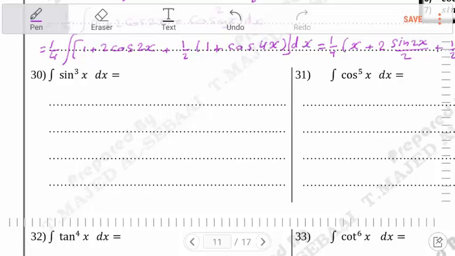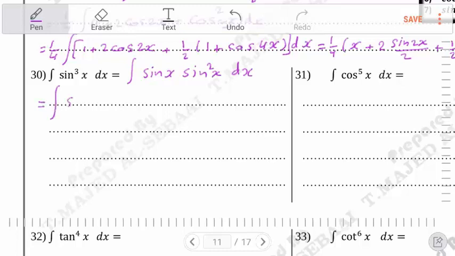We all know that sine to the power of 3 can be written as sine x sine squared x dx. Is that true? Yes. Okay, good.